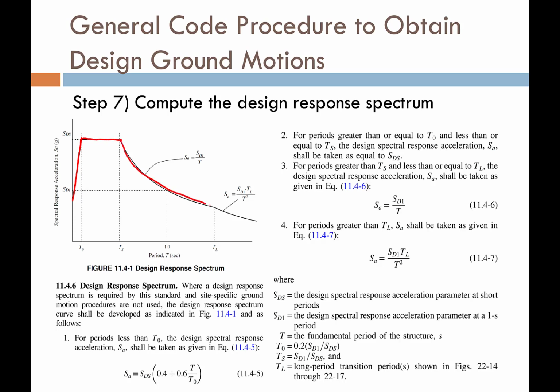And the whole purpose of that is that it's intended to be a conservative boundary or an envelope or a shell that encompasses and covers the actual response spectrum that you would get from an earthquake. So it's intended to be conservative. It's intended to be, quote-unquote, safe.